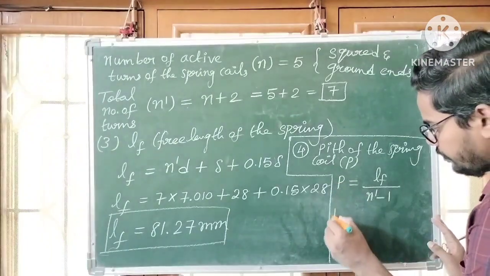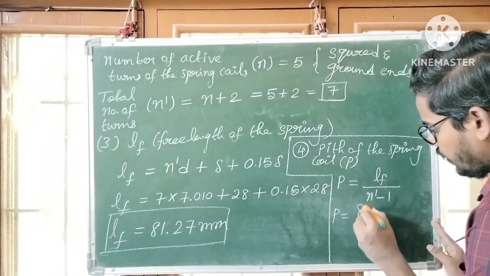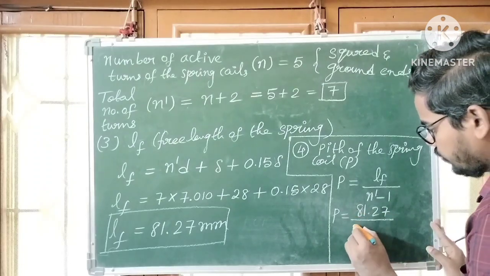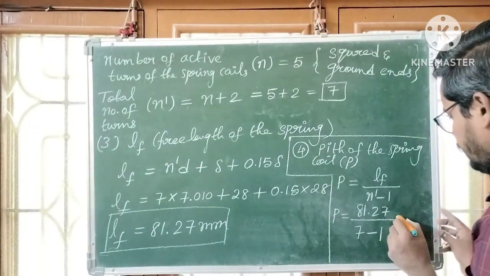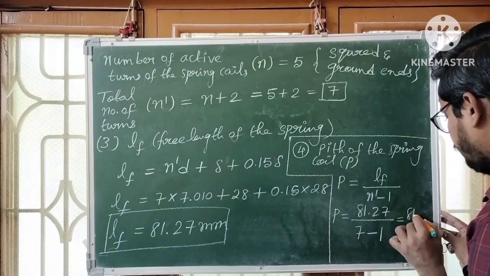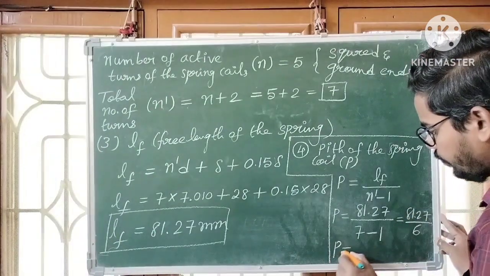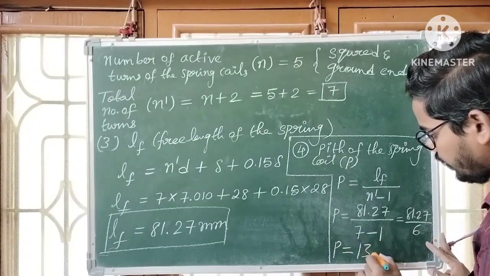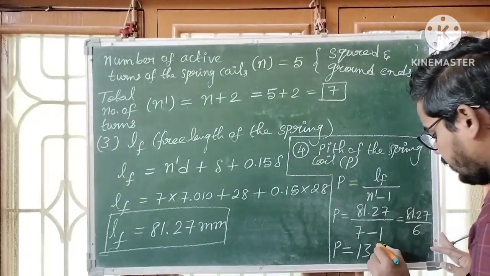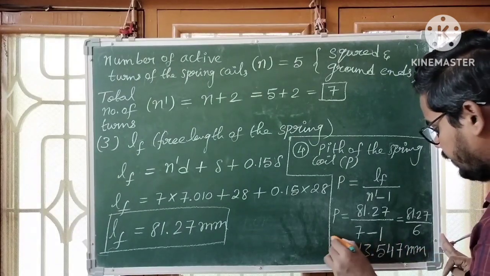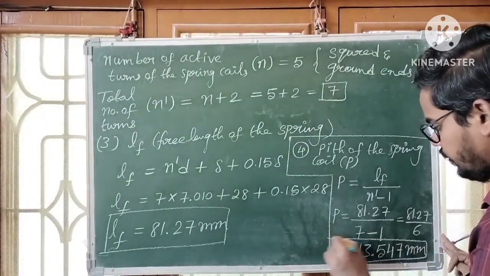So pitch is equal to 81.27 by 7 minus 1, which is 81.27 by 6. If you calculate, you will get p approximately equal to 13.545 mm. And this is the pitch of the coil.